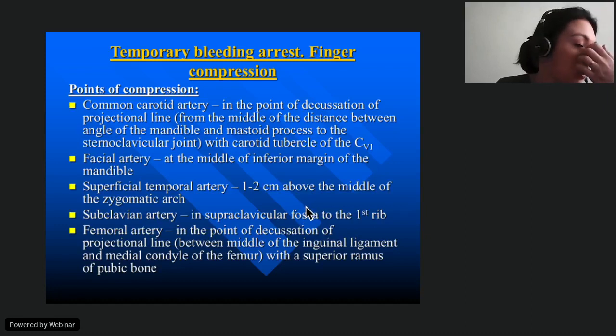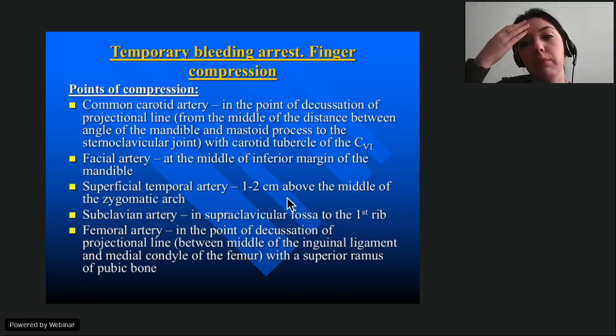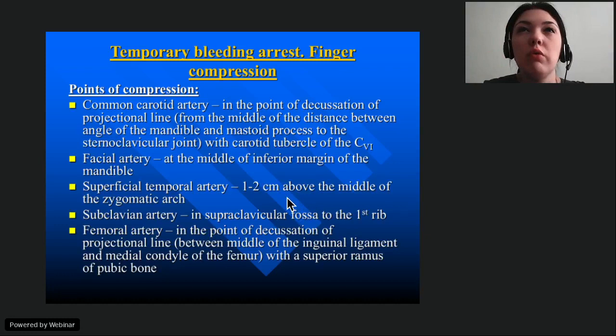Actually, when we studied anatomy, we said that the transverse process of the 6th cervical vertebra is named carotid, it has the carotid tubercle, and it is a place of compression of the common carotid artery in case of its bleeding. Facial artery, it is at the middle of the inferior margin of the mandible.